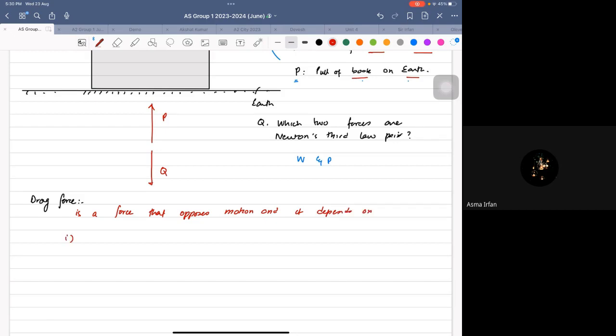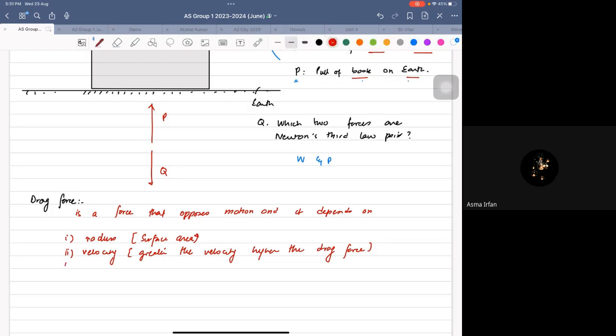Number one, radius, which basically controls the surface area of any object. Then it depends on the velocity. So the greater the velocity, the higher the drag force. You've generally studied this force with a different name, but just one portion of it.